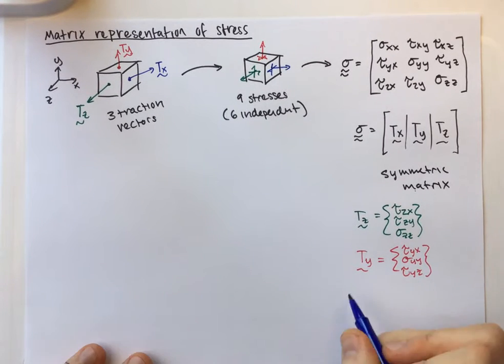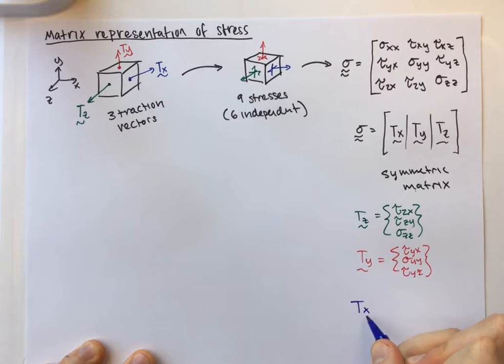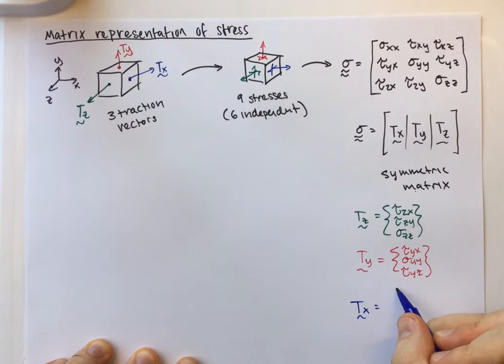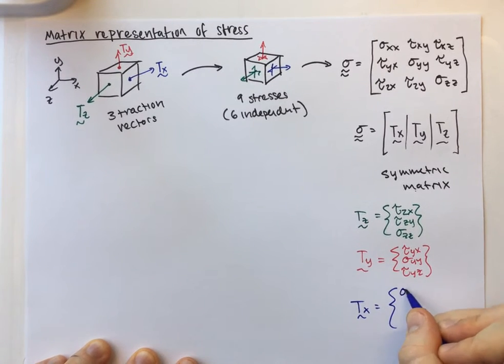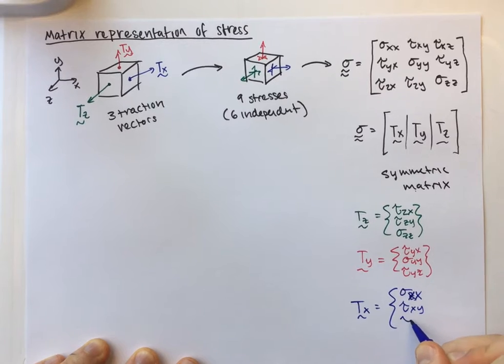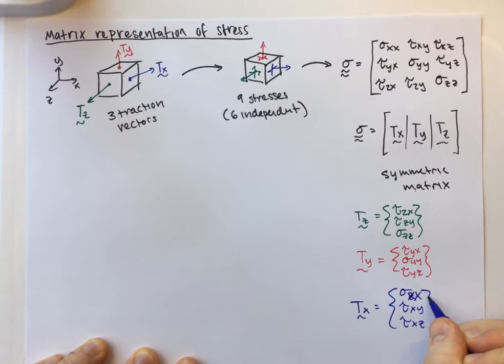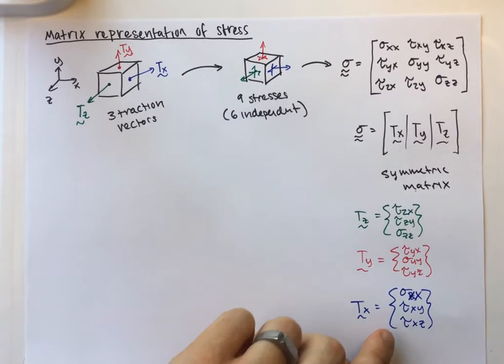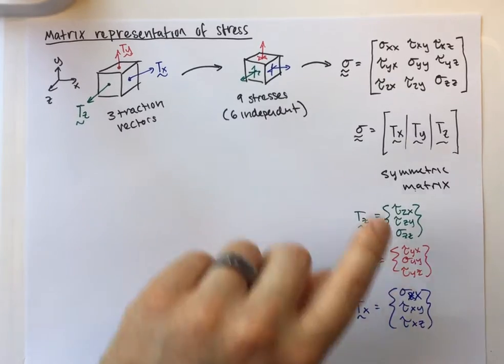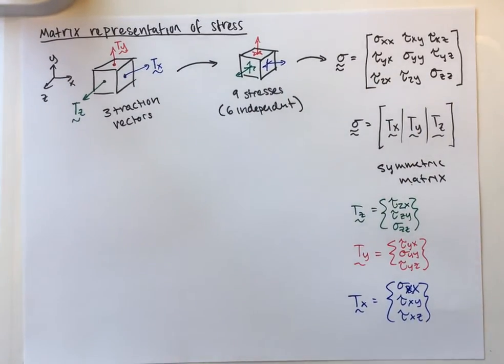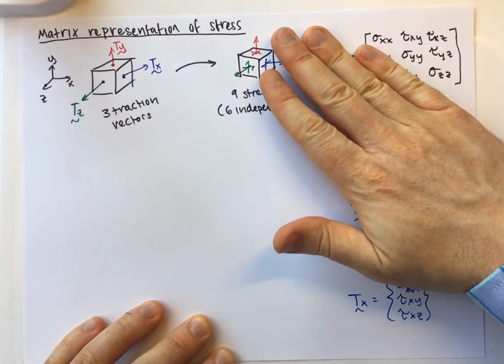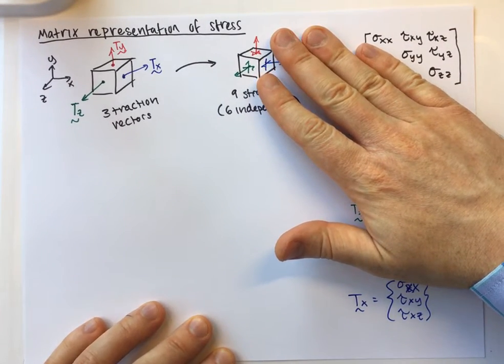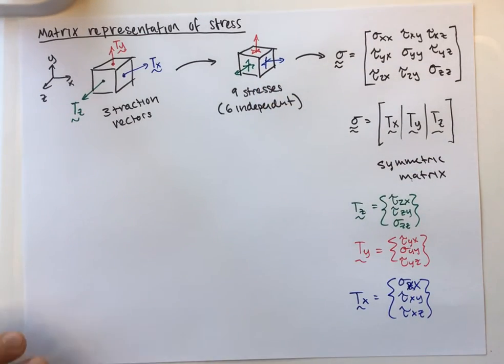And in x, you can see here, we have sigma xx, excuse me, tau xy, and tau xz. And remember that tau xz and tau zx are equal. So we really only need to have 1/2 of this matrix in order to define the stress state.